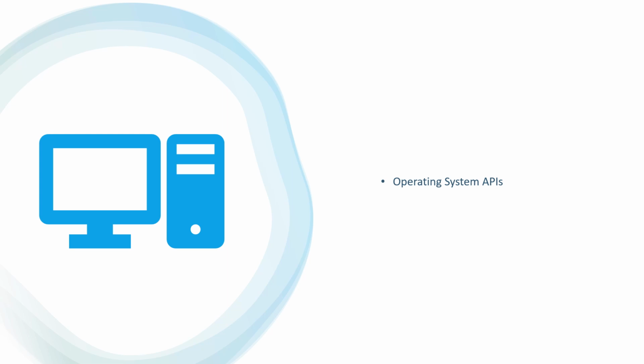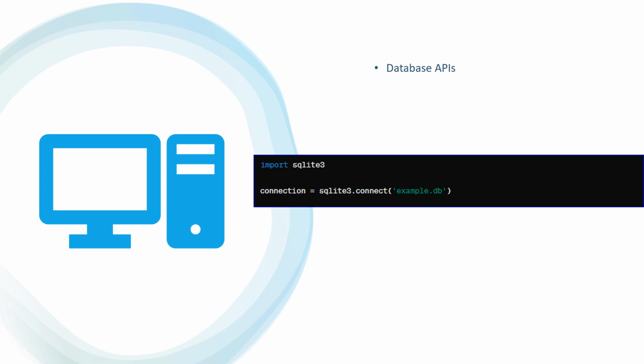Operating system APIs. These APIs are provided by the operating system to allow applications to interact with the underlying infrastructure, like system resources such as the file system, hardware devices, and system services. The Windows API can be a good example for the Windows operating system. Database APIs are used to access and manipulate data stored in databases.